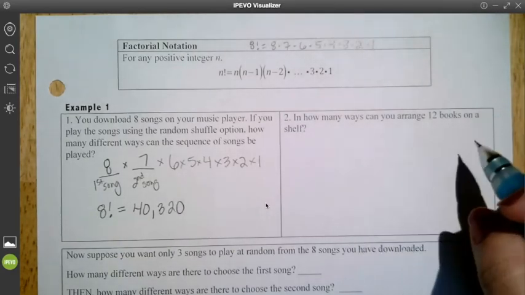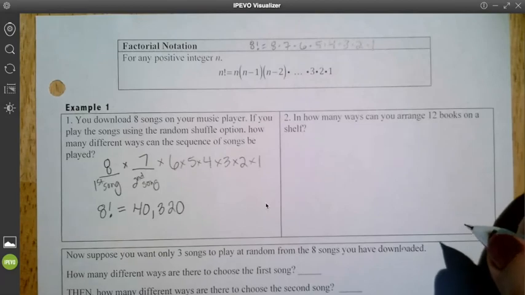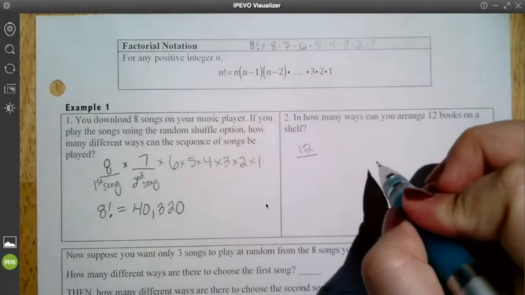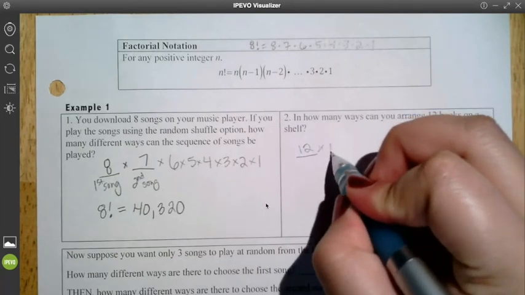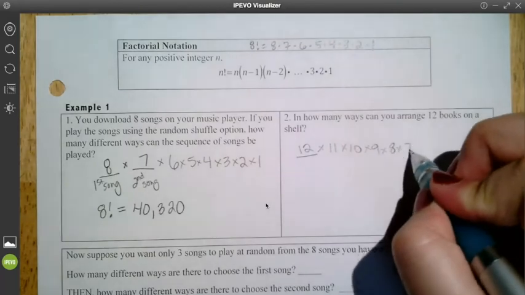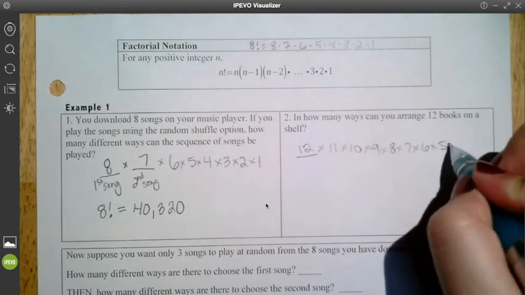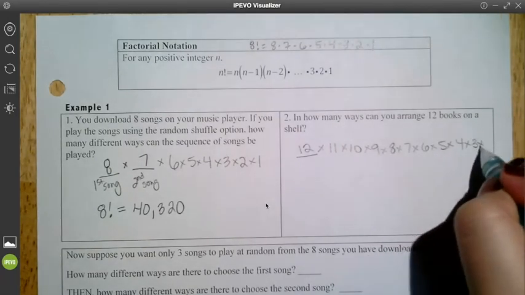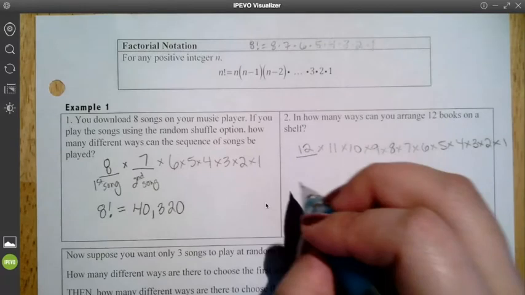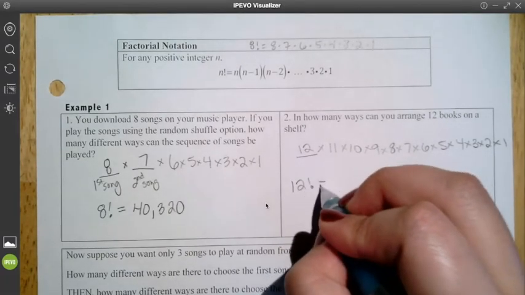In how many ways can you arrange 12 books on a shelf? So this is the same idea. We have a bookshelf. We have 12 options for which book's going to go first, and then 11, 10, 9, 8, 7, 6, 5, 4, 3, 2, 1. Or I can say, I know it's going to decrease by 1 every choice I make. So that's 12 factorial.